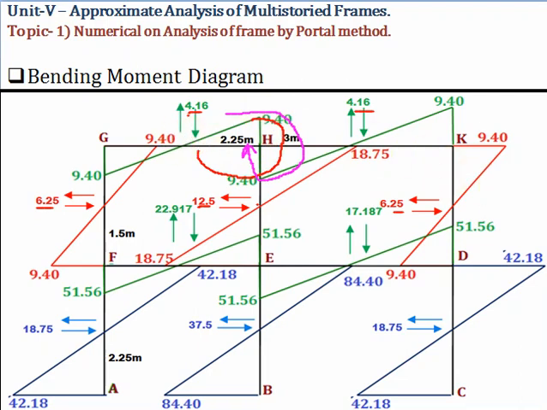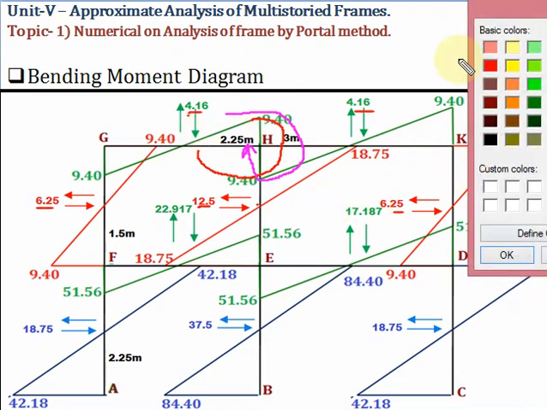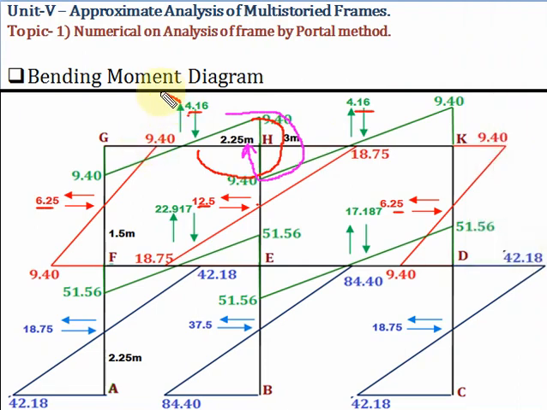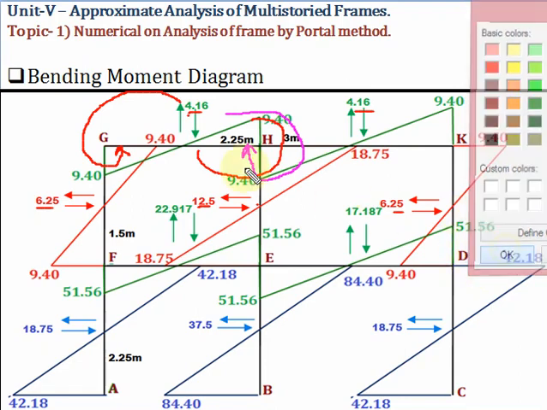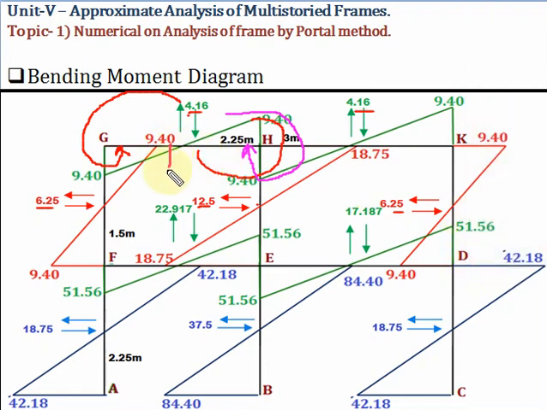Now for this force, it will act like this. Yes or no? And it will act here. To balance this, there should be an opposite force. So that opposite force will be in this way.